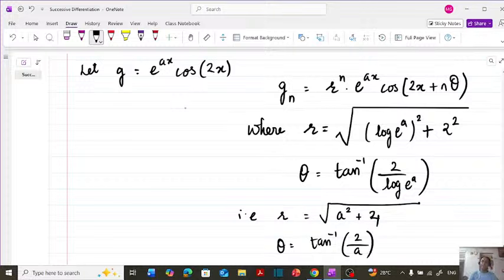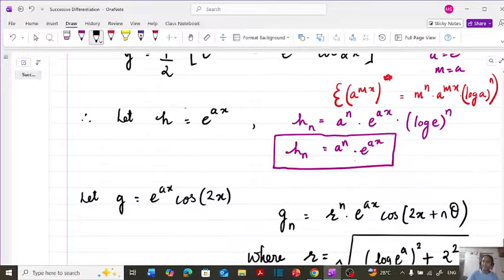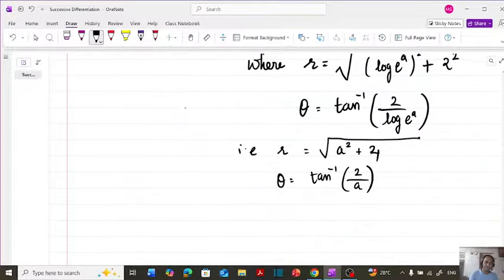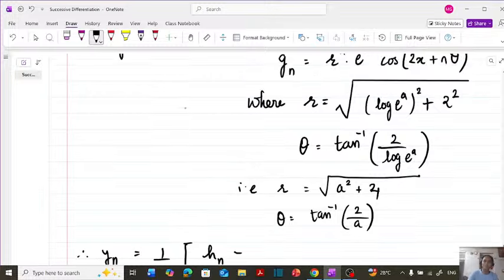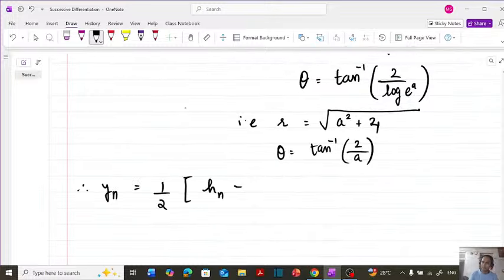That's it. Now you can't substitute each time, because it makes no sense writing this big long expression. You just write these two expressions separately, and then you say therefore yn is equal to half hn minus gn. That's it.